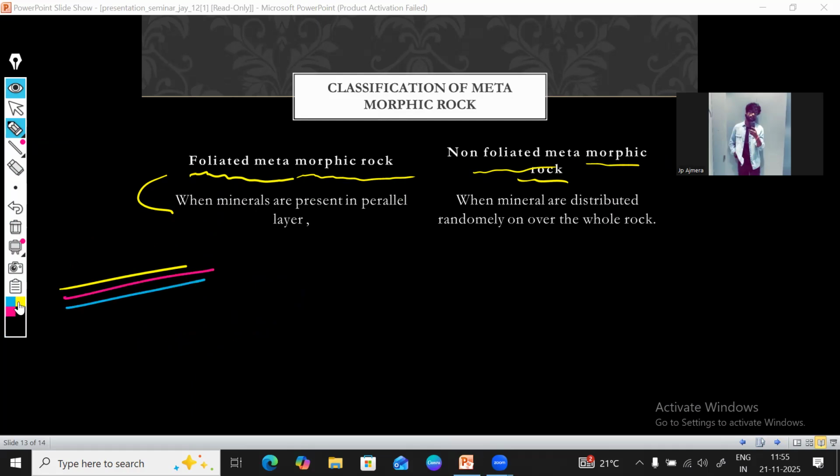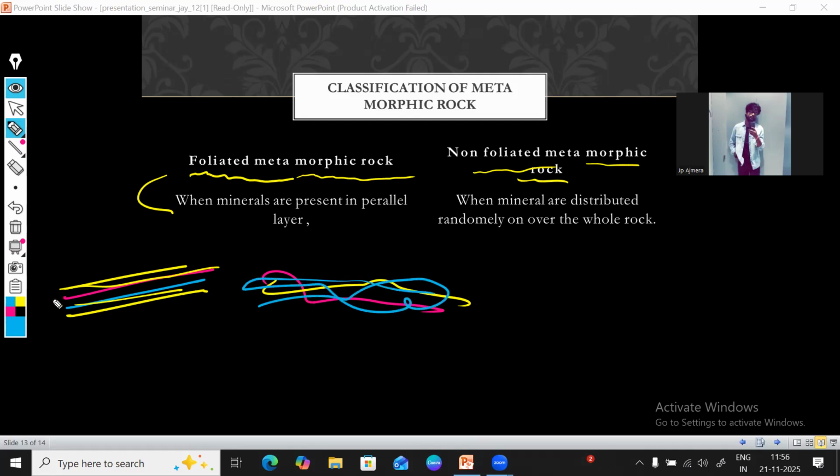These minerals are present in the form of layers, parallel. They are not randomly mixed like these, which are a mixture. In this case, they are presented in parallel form.